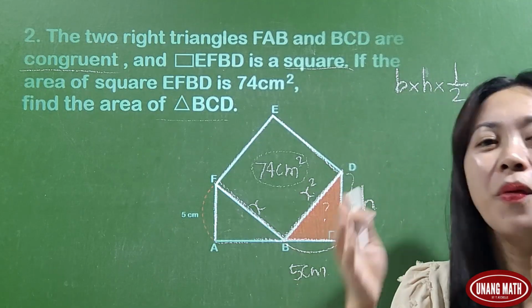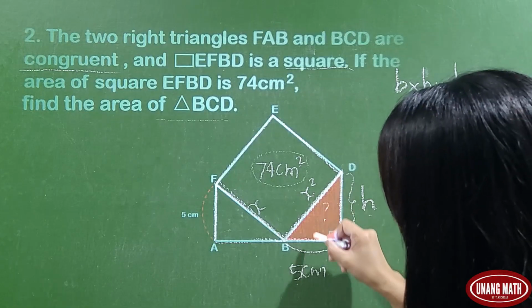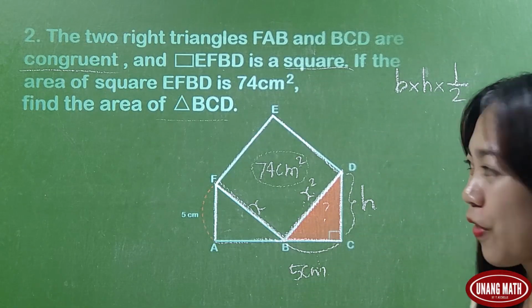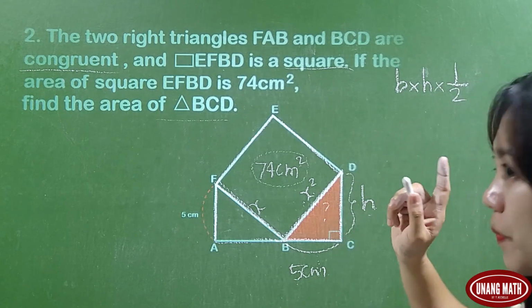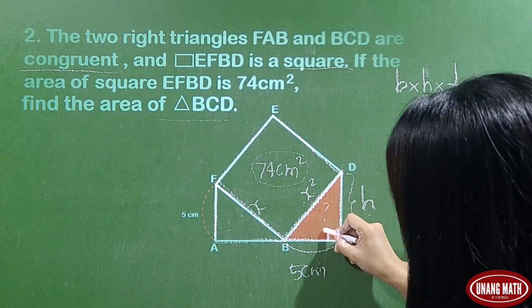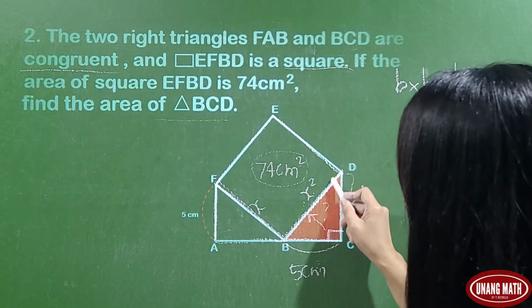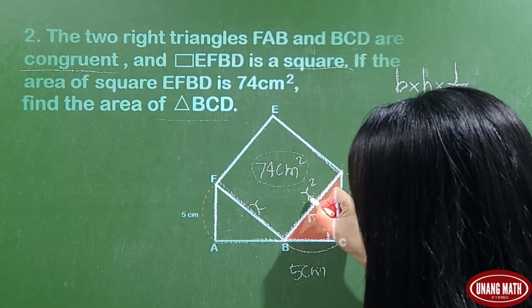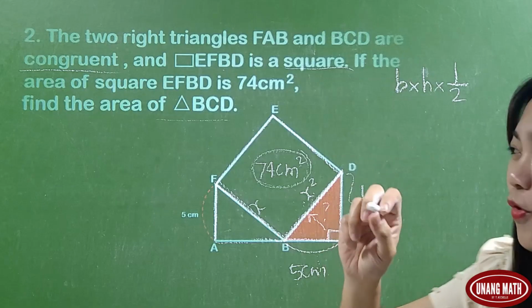If we are going to use the Pythagorean theorem now, because we already know these two lengths of this right triangle, since this is our right angle, the opposite side is our hypotenuse. So this side is our hypotenuse. So this is x squared, and that would be equal to 74 square centimeters.